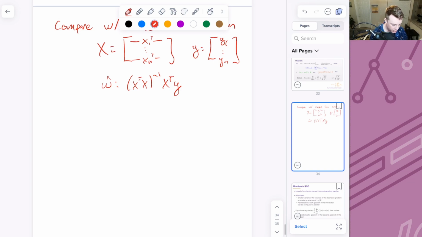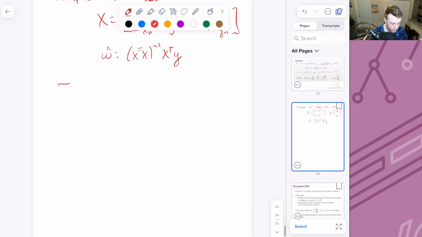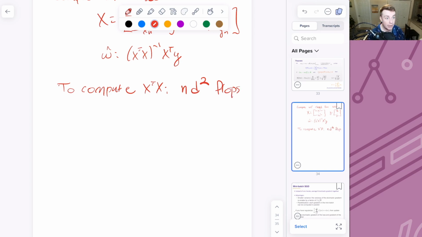So to compute X transpose X, this requires N times D squared flops. A flop is a floating point operation, so addition, subtraction, multiplication, division. One way of counting steps is just how many basic arithmetic operations you need.